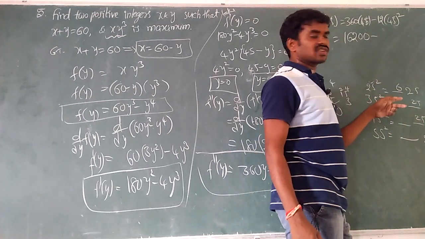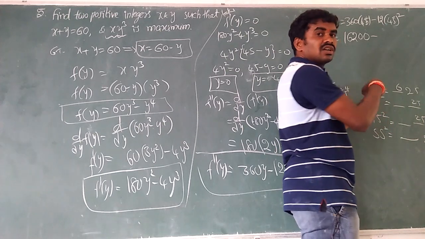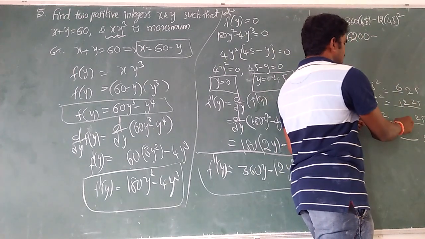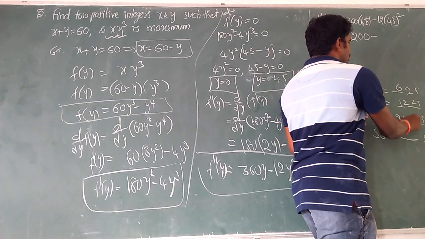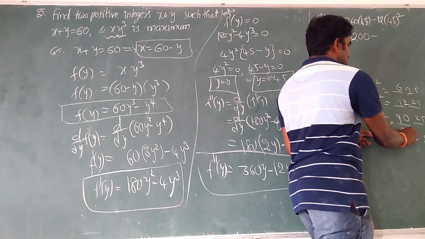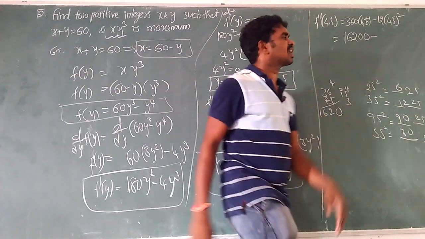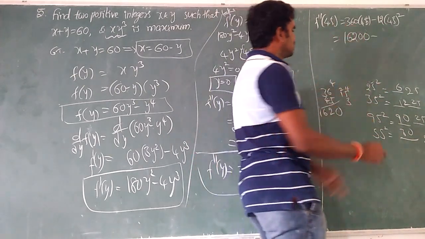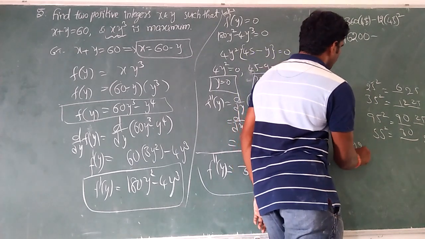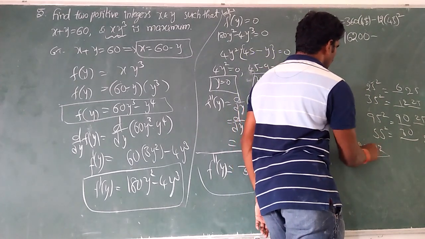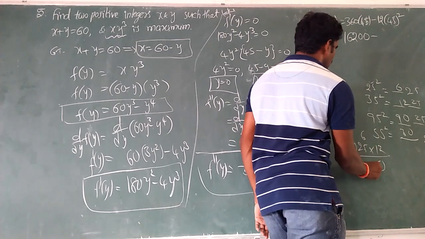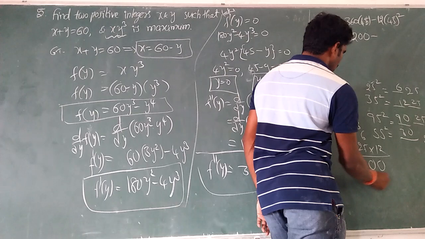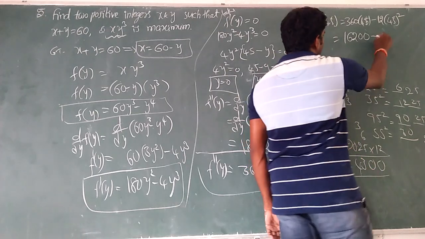If you want 35 square, last digits 25, after 3 comes 4, 3 4s are 12, so 1225. 95: 9 10s are 90, so 9025. 55: 5 6s are 30, so 3025. In this way we can write. Like that, 45 square means 2025, into 12. 2025 into 12: 12 5s are 60, 12 2s are 24, carry 6 makes 30, 12 0s, 12 2s are 24. So 24,300.